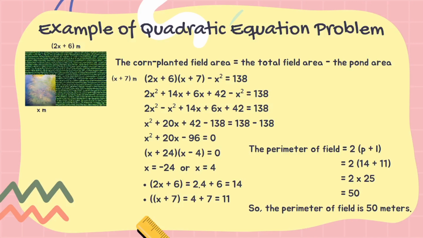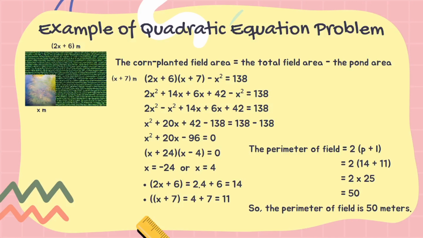Then, on both sides, we subtract 138, so we will get x squared plus 20x minus 96 equals 0. At this step, we start factoring the quadratic, and we get the product of the factors x plus 24 and x minus 4 equals 0.